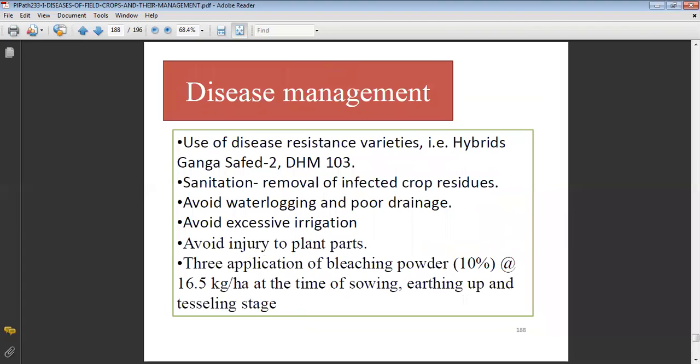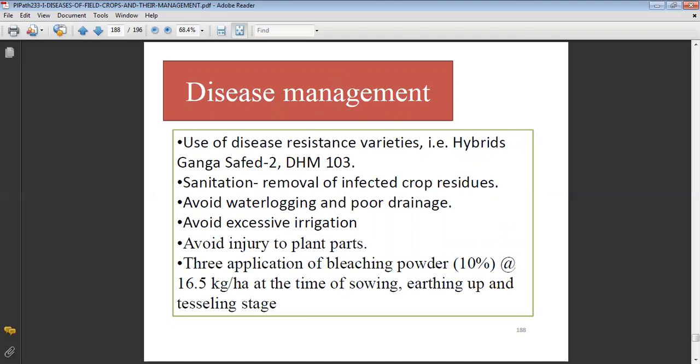How do we manage this disease? It is managed through the use of resistant varieties like Ganga Safed 2 and the hybrid DHM 103. Sanitation means the removal of infected crop debris. Waterlogging should be avoided, and poor drainage should be avoided.